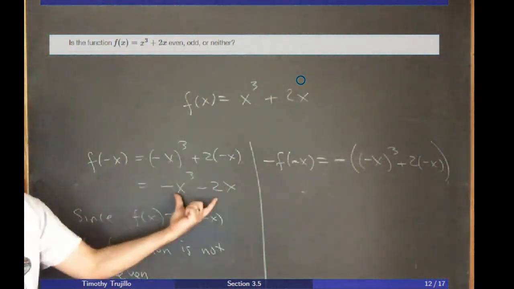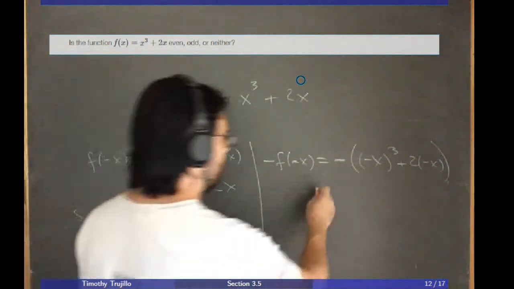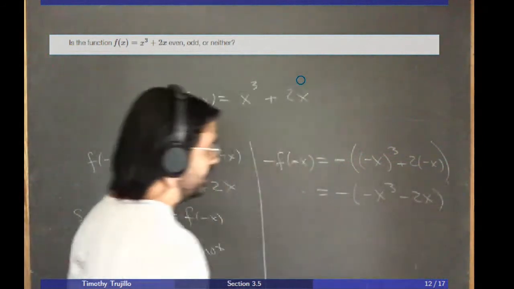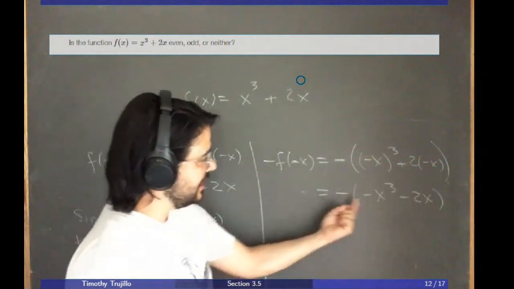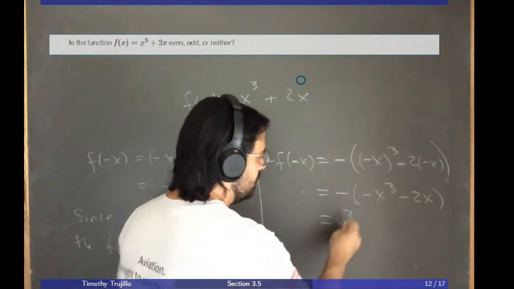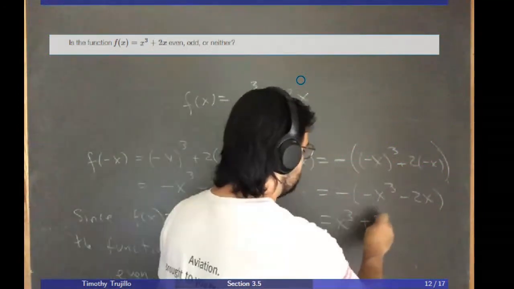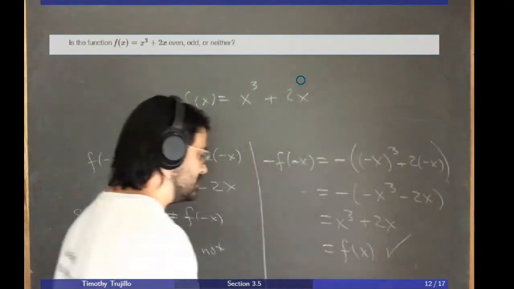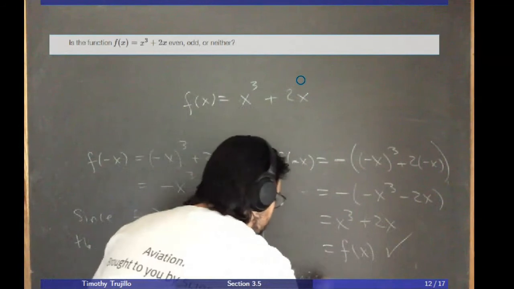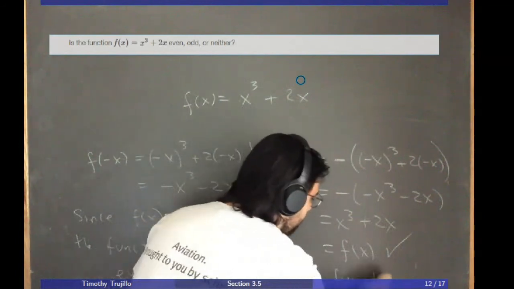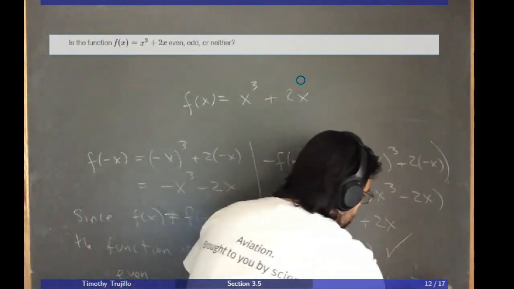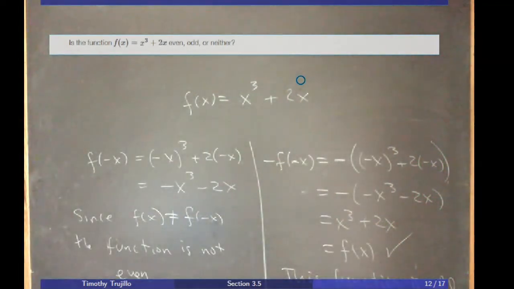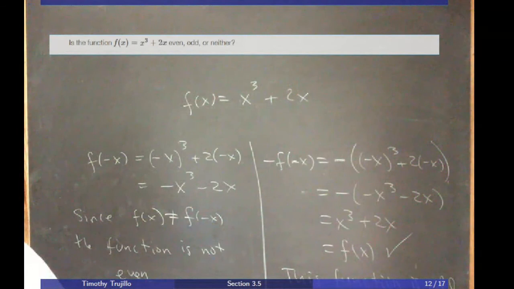Well, this calculation is the same. Inside of those parentheses, you're still going to get negative x cubed minus 2x. And then distribute the negative sign. This is a negative times a negative, that gives you x cubed. That's a negative times a negative, that gives you plus 2x. And indeed, yeah, it does actually equal f of x. So this function is odd. And we should expect that if we were to graph this function, right?